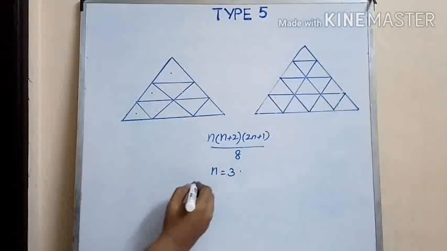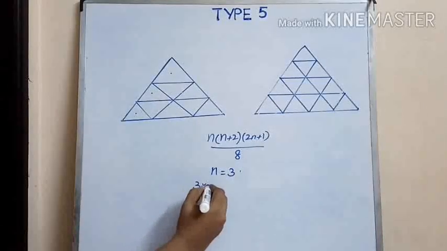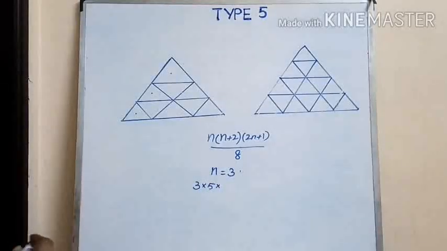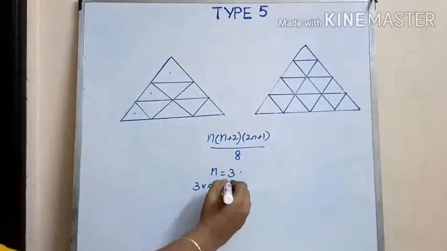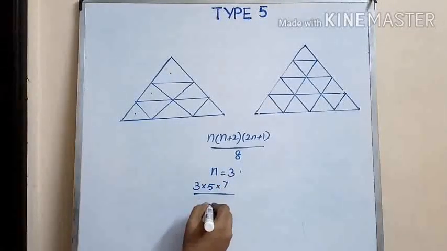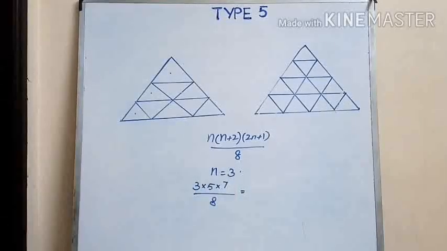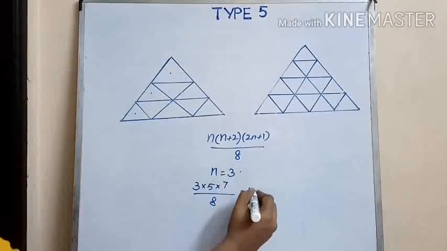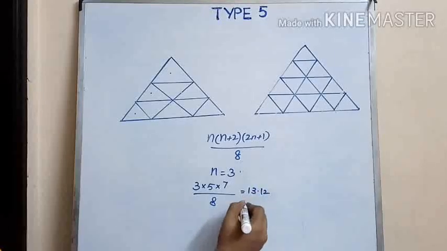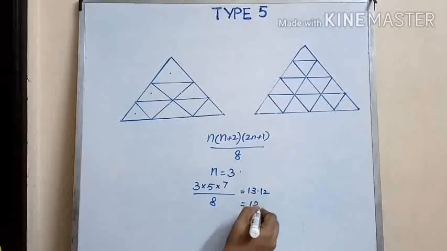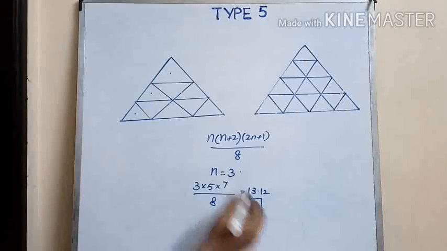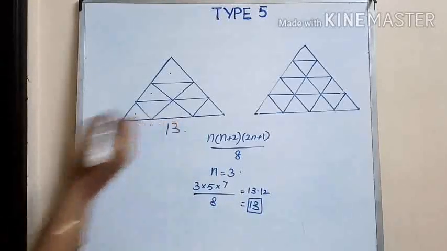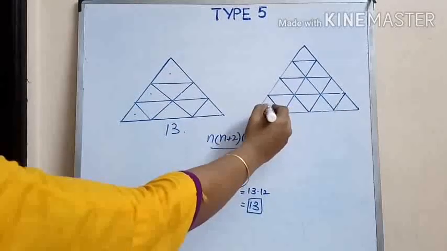So here we have 3 unit triangles. So 3 into 5 into 7 divided by 8, which will give you 13.12. So that can be rounded into 13. So in this type of triangle we have 13 possible triangles.